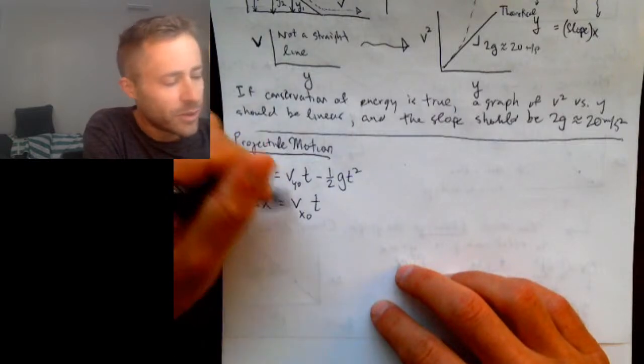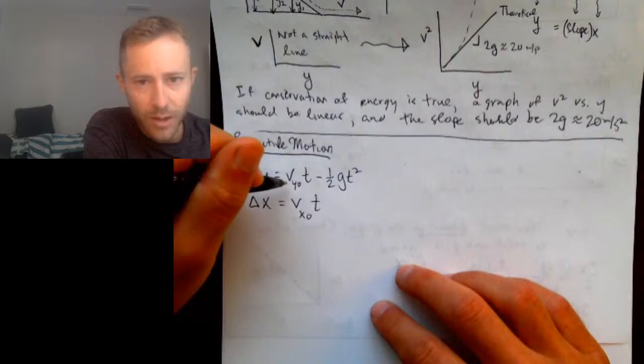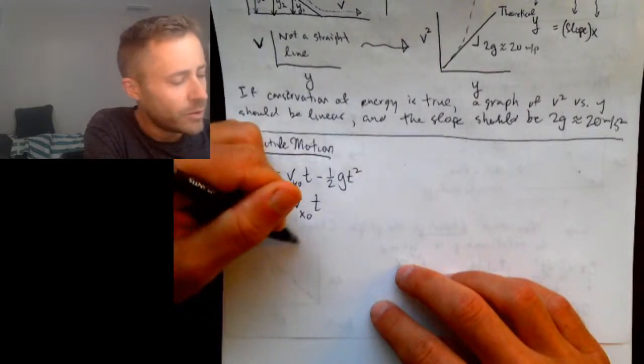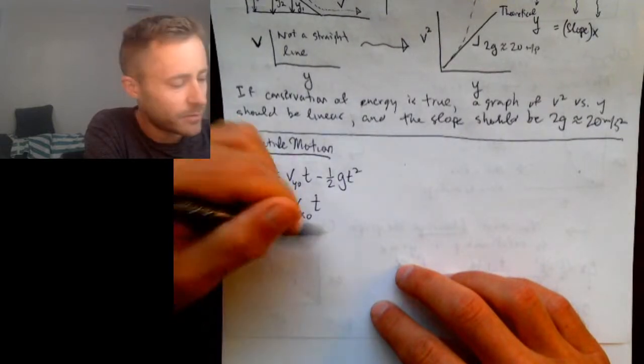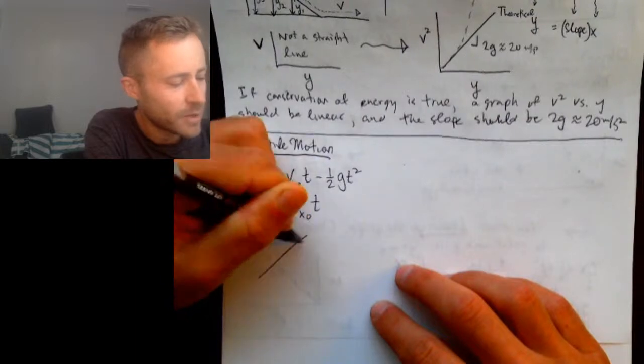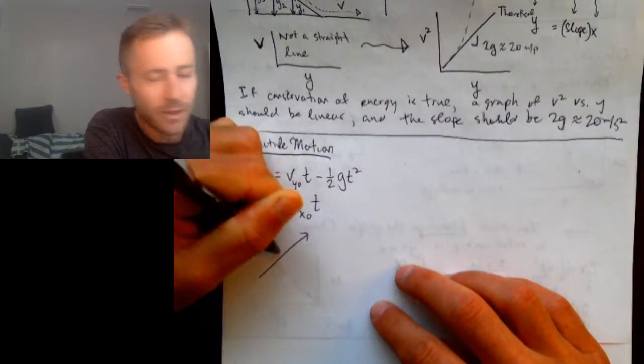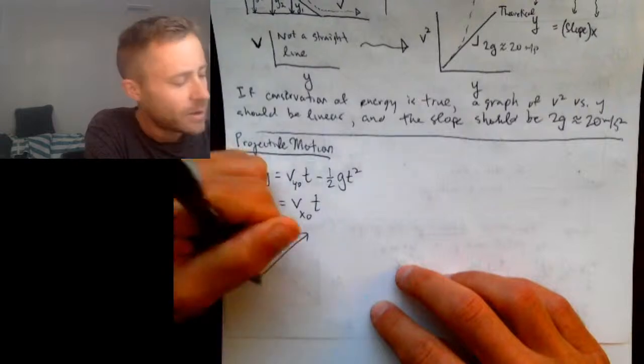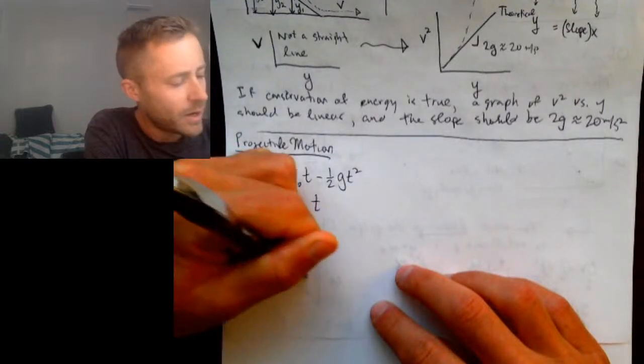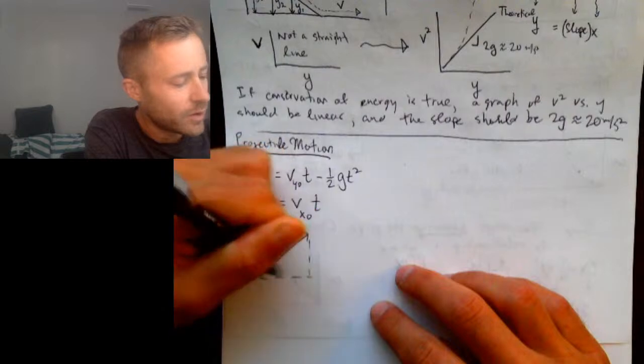So what do these mean, vy naught and vx naught? Well, when you throw the projectile or launch it, it has a certain launch speed, and then it has a certain launch angle.